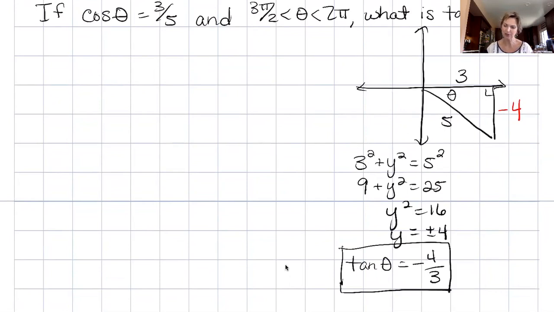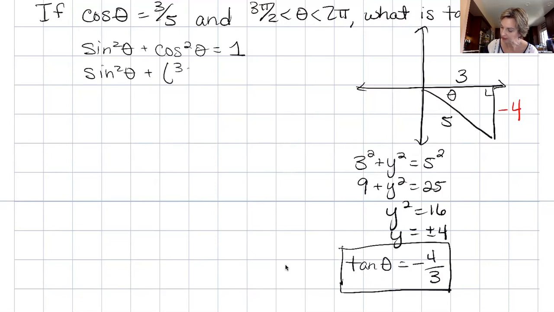Okay, but now how would you do this if you wanted to use one of our brand new Pythagorean identities, right? We don't have one that relates cosine and tangent. But we do have one that relates sine and cosine. So let's start there. We're going to solve for sine, and I'll tell you why here in just a second. Plug in our cosine.